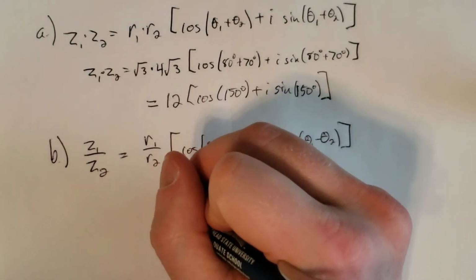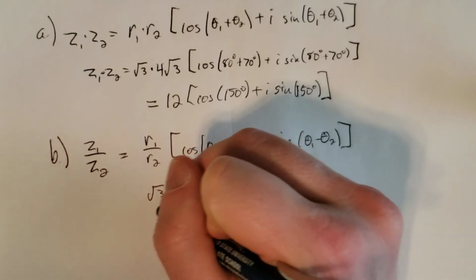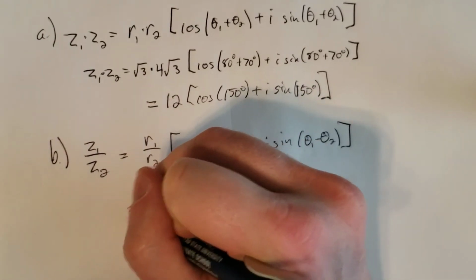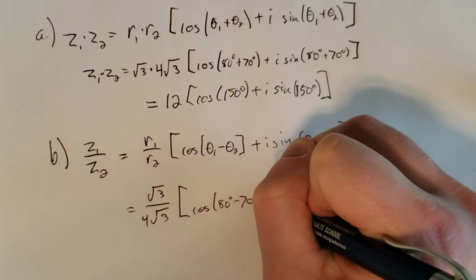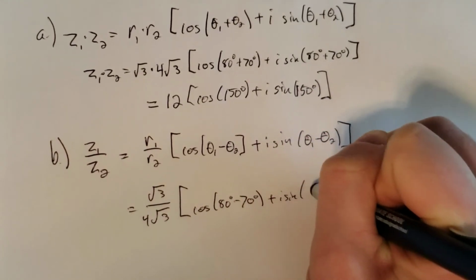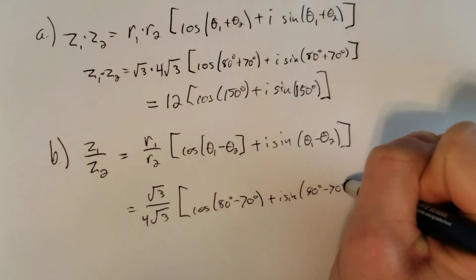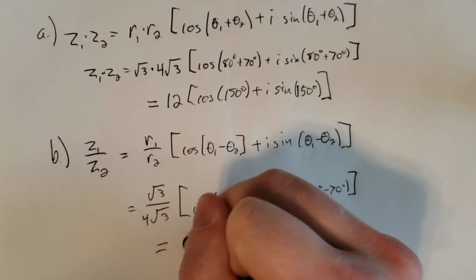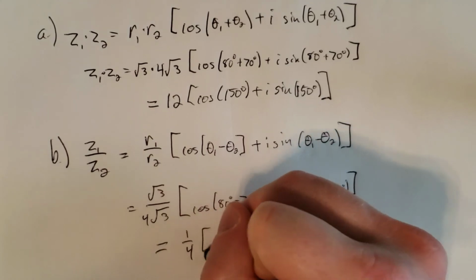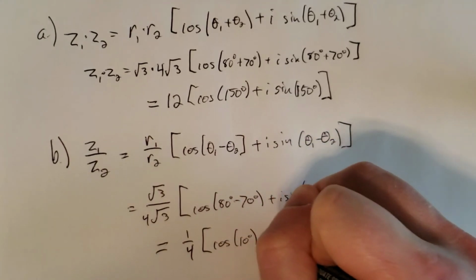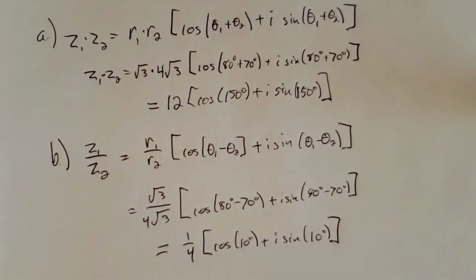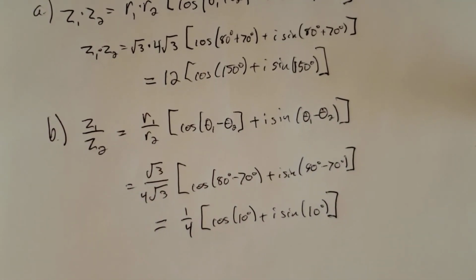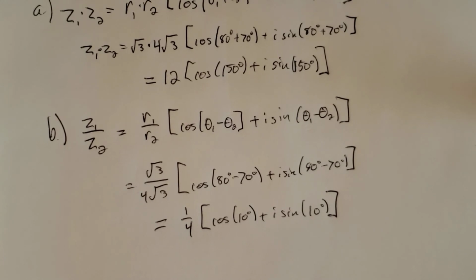All right, so this is square root of 3 over 4 square roots of 3 times cosine of 80 degrees minus 70 degrees plus i sine of 80 degrees minus 70 degrees. So this is equal to 1 over 4 times cosine of 10 degrees plus i sine of 10 degrees. Not too complicated if we know the formula, and the formula can be found in your book. You'll want to know those two for this section.